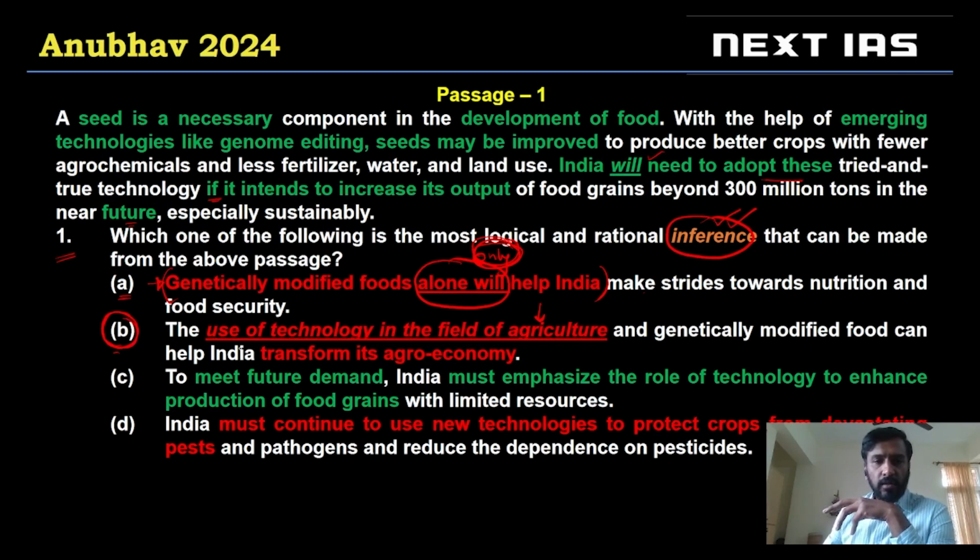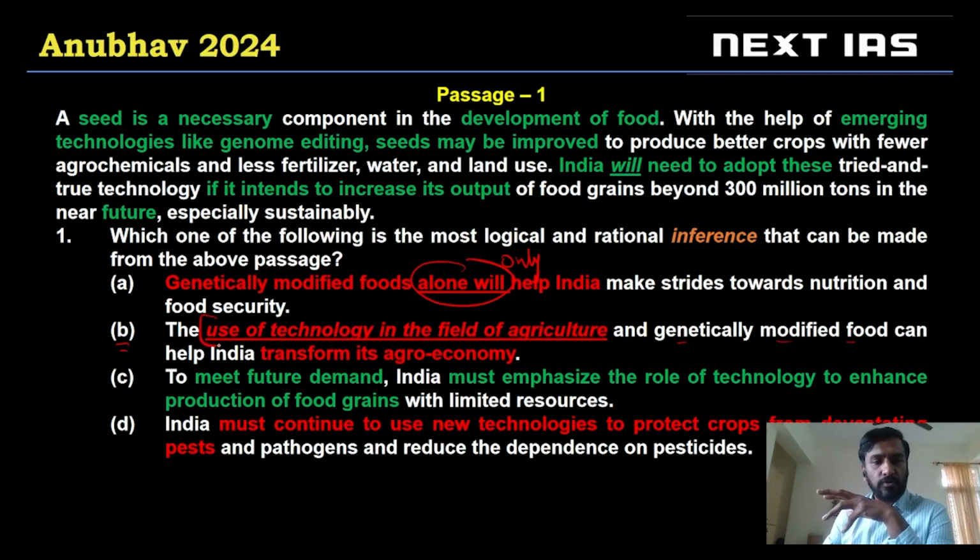All right, if you notice, the use of technology in genetically modified food, this is acceptable because this is discussed in the passage, right? Let me just clear all of this. So here our problem was only, correct? Here, our problem is not the genetically modified food, which is already mentioned in the passage.